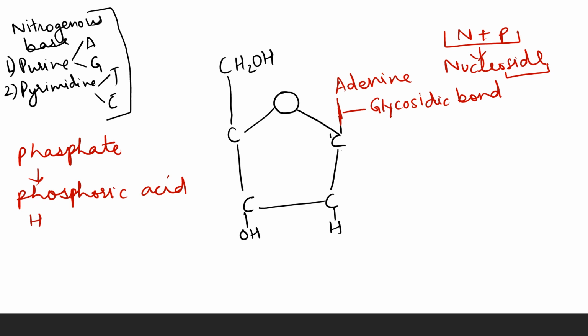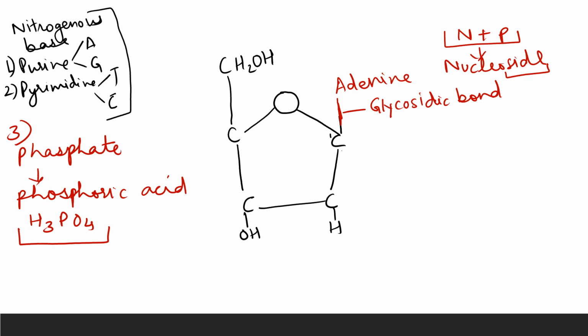Phosphoric acid is H3PO4, right? So now this is the third thing which we need to add to complete our structure of a nucleotide, right? So now let's add the third thing, that is phosphoric acid, H3PO4. Now where we need to add this, I'll tell you. But before, let's talk about the structure of H3PO4.